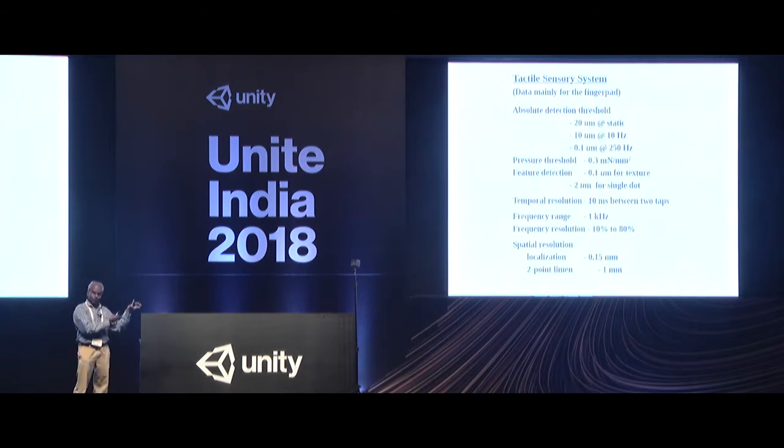So we have done psychophysics of these haptic systems and measured a lot of parameters and then put it in a specification sheet like this. So this is like a technical specification for our haptic system, for human haptic systems.